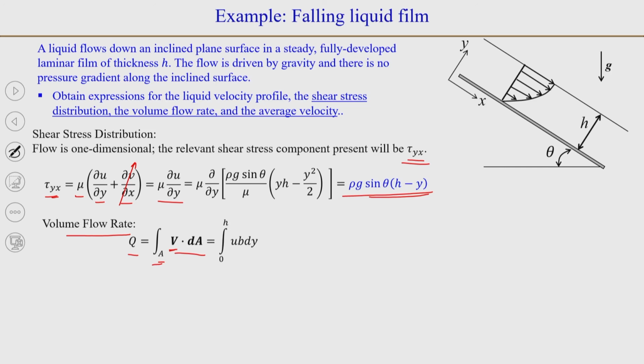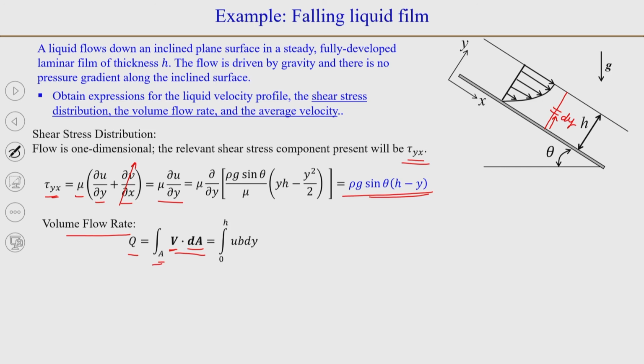And the area will be, if you take any cross section at a distance y and this will be dy, let us take that the depth of the plate or the width of the plate normal to the screen is b.